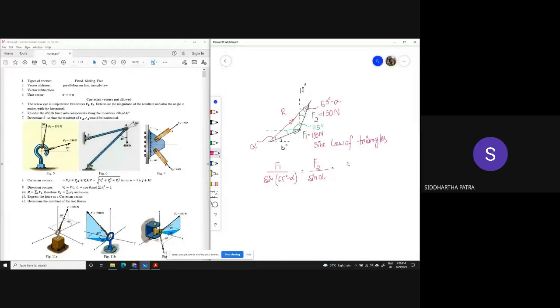And lastly, it is going to be R divided by sine of 115 degrees. But we don't know R, so we are not going to use this equation. But probably by using these two equations and using how to get sine of A plus B, we should be able to figure out how much this angle alpha is.